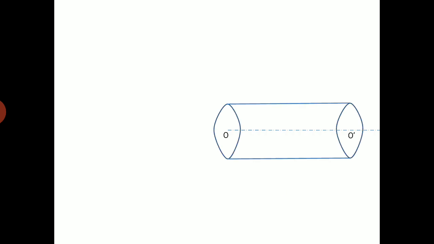So let's begin. We will consider a rotor or a rotating element with its axis O dash. We know that a turbo machine is nothing but a rotating element interacting with flowing fluid.